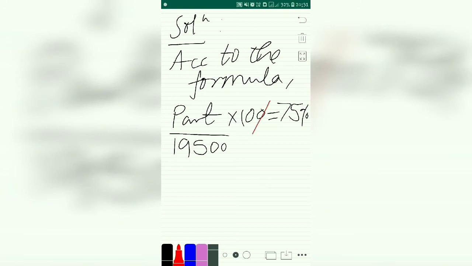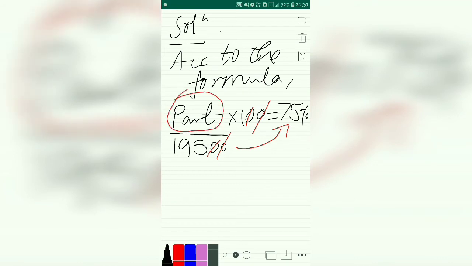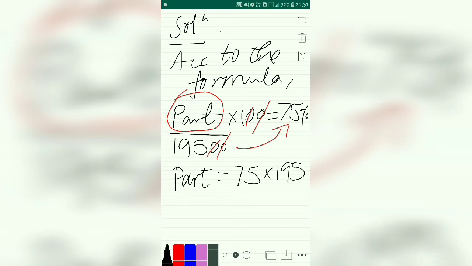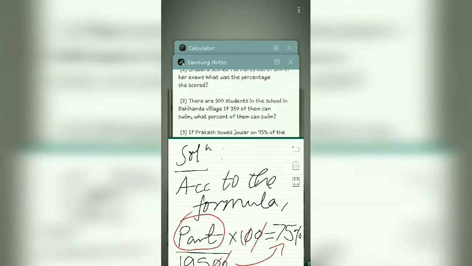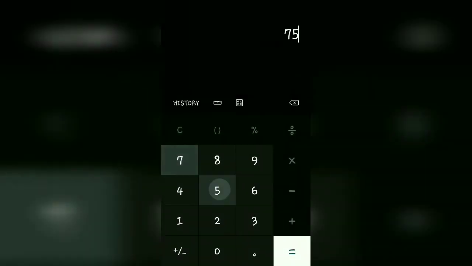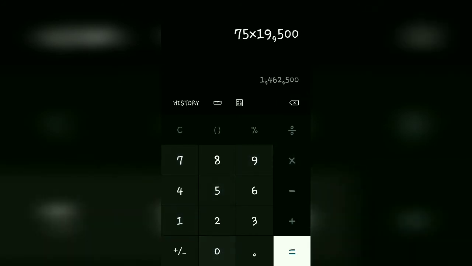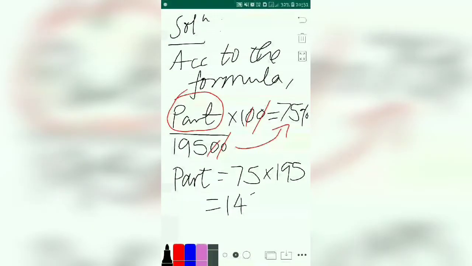Now we can start with cutting the zeros, and now we can do cross multiplication to make the part alone. So the next step is part is equal to 75 into 195, which will give us 14,625 if I am not wrong. Yes.